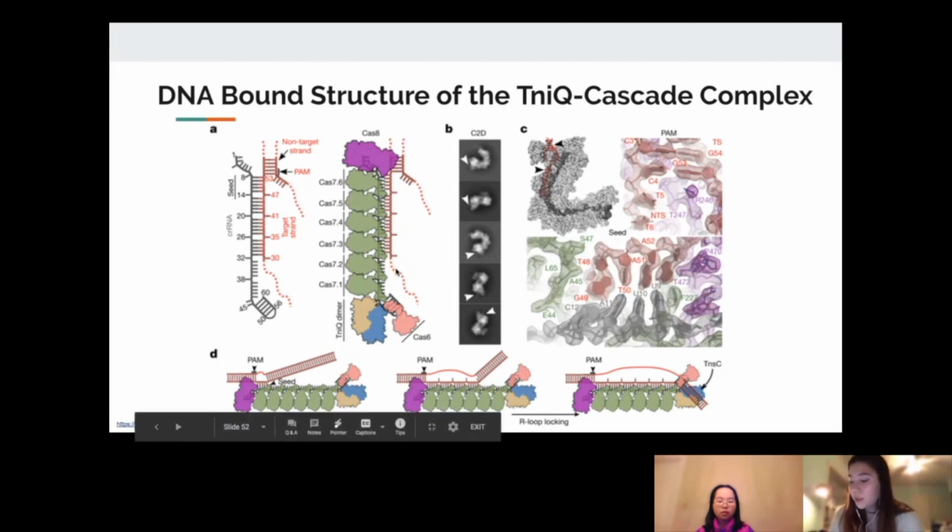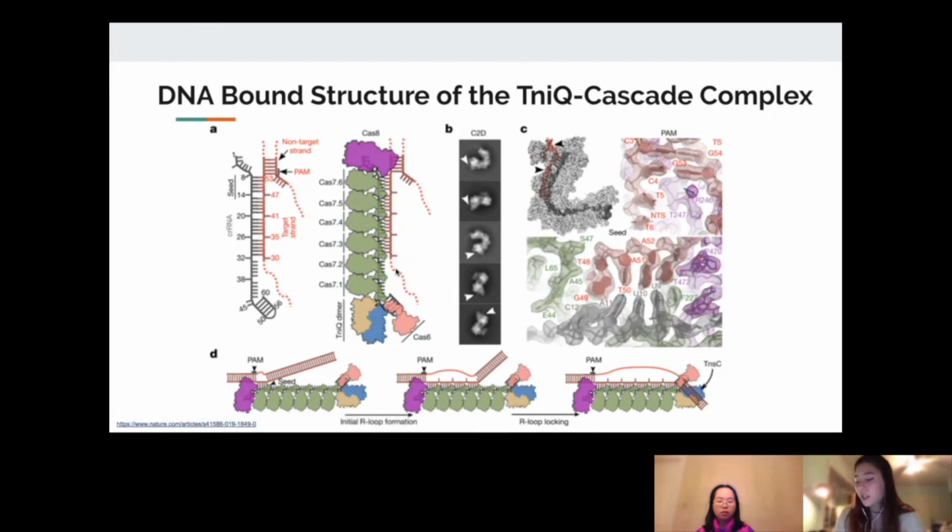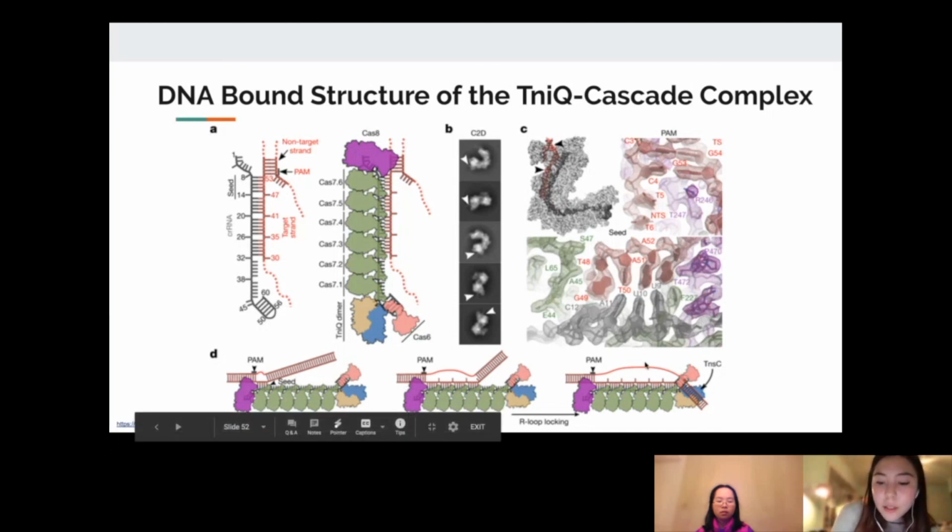This region is supposed to be flexible owing to the interactions of the Cas8 flexible domain with the TNIQ dimer as shown above. But these disordered nucleotides also correspond to an area of the target where RNA and DNA mismatches are detrimental for RNA-guided DNA integration. Therefore, we can see that this thing on the bottom, this little guy right here, is called an R loop.